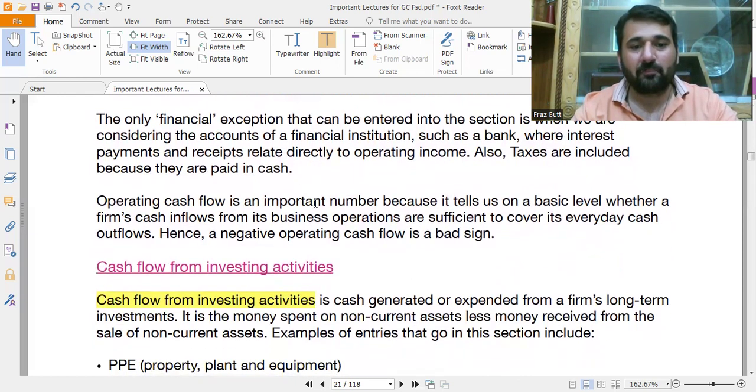Operating cash flow is an important number because it tells us on a basic level whether a firm's cash inflows from its business operations are sufficient to cover its everyday cash outflows.